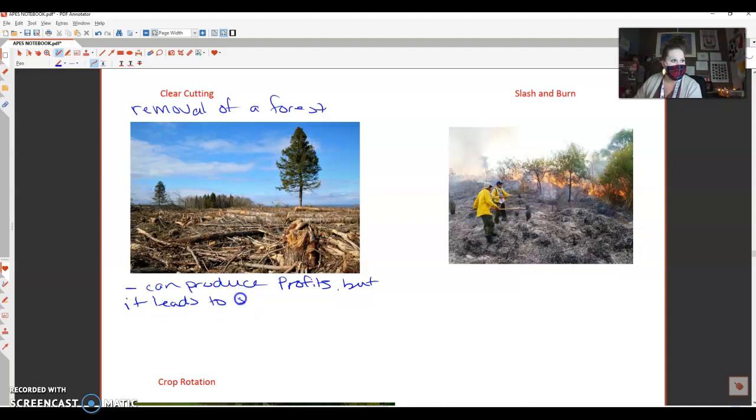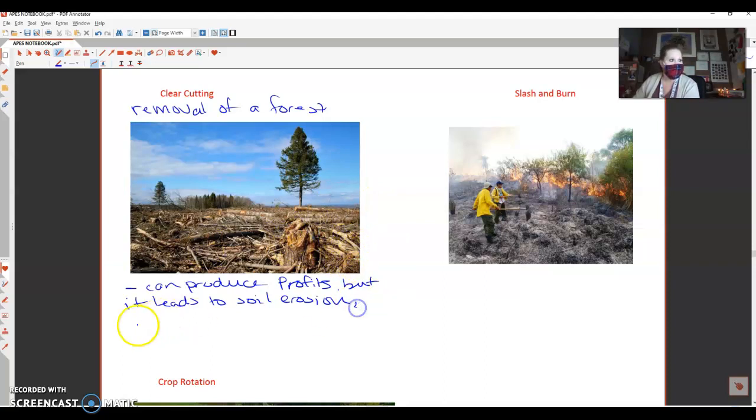It leads to soil erosion. Think about that video you guys watched where the guy was pouring the water onto the grass. What was happening to the soil? It was not moving. It was kept in place. That's what we want to have happen. We don't want soil going around everywhere. Okay? So it can lead to soil erosion.